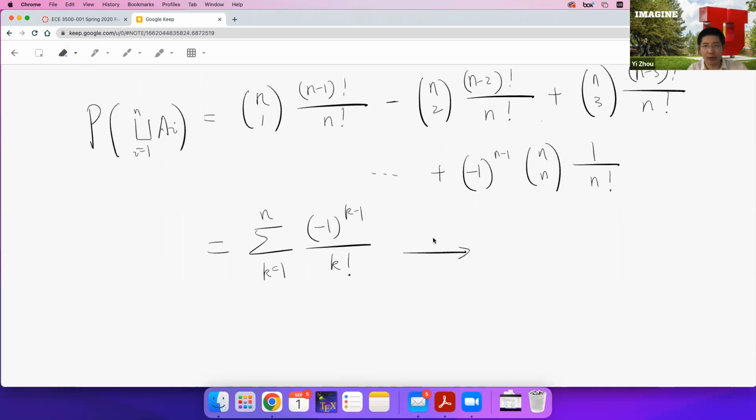But as n goes to infinity, as we have more and more people, this summation goes to 1 minus e to the negative 1, so it's about 63.2%.